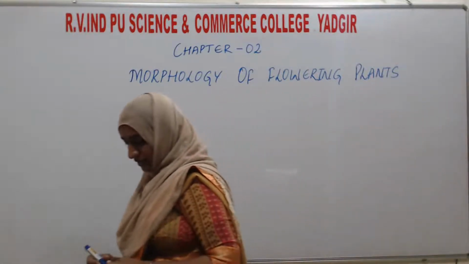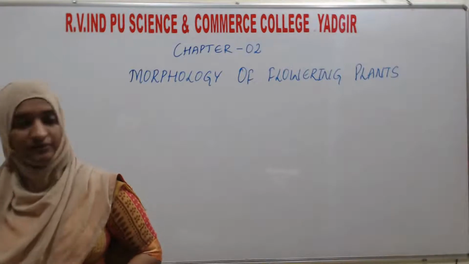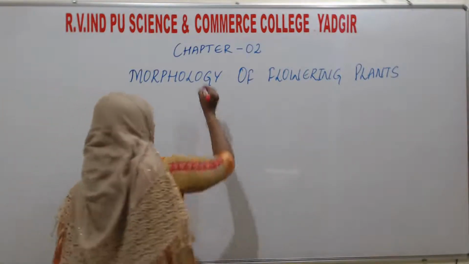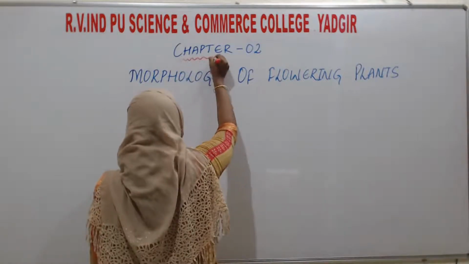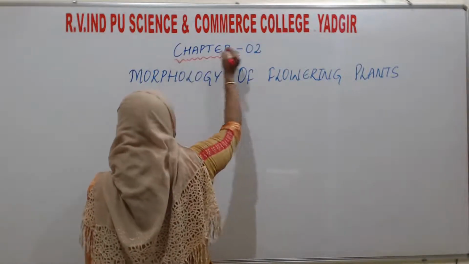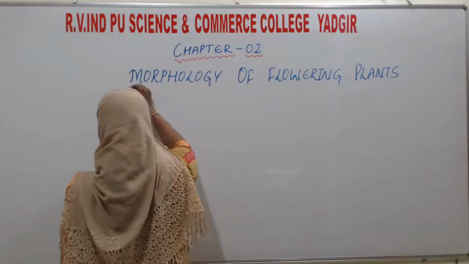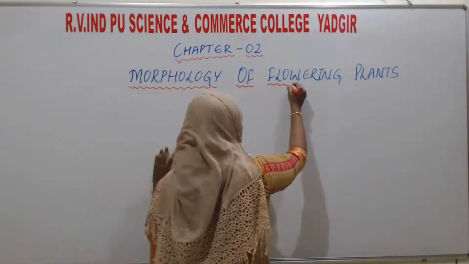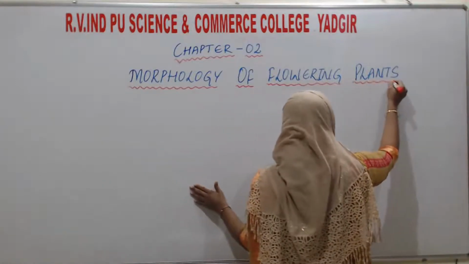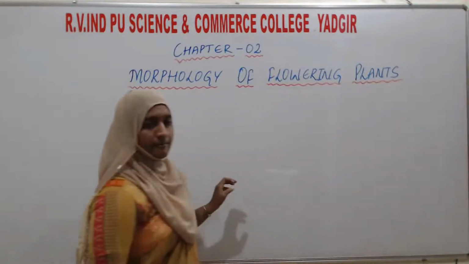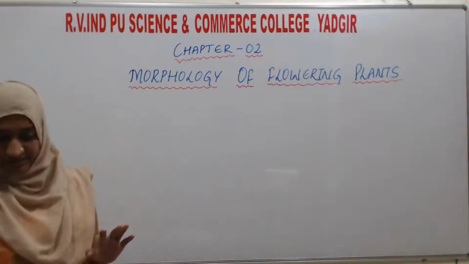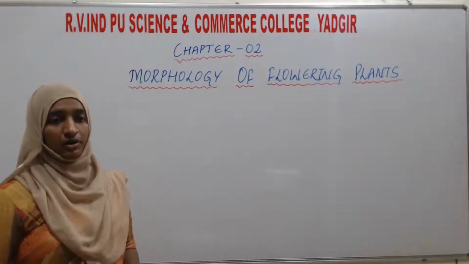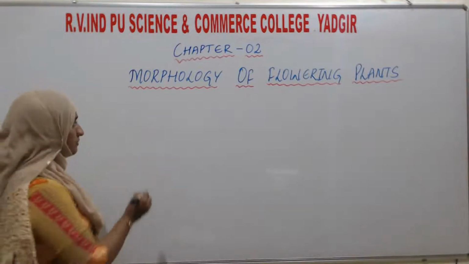This is a chapter based on the morphology of flowering plants.